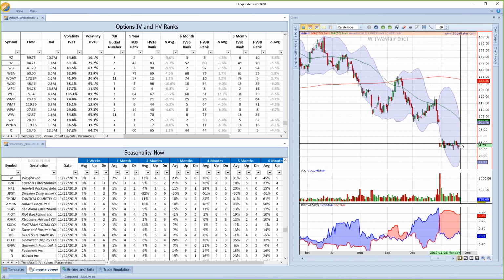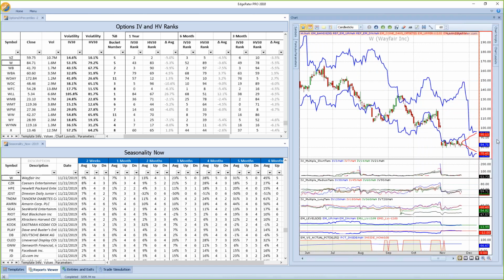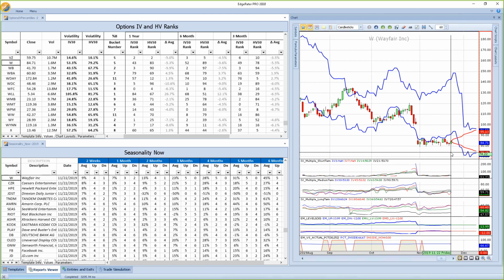So what we would do in this case is look at the chart layout that I had on before. I'm going to go back over to my layouts, and I'm going to choose my expected move bands over here. Okay. Expected move based on current levels of implied volatility is plus 13.99. That's just the number.